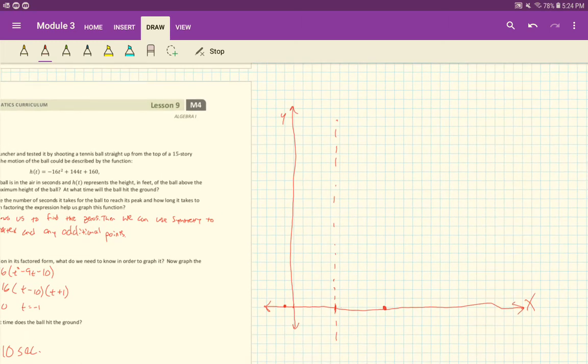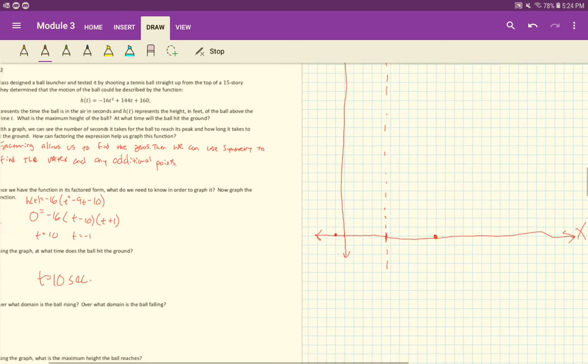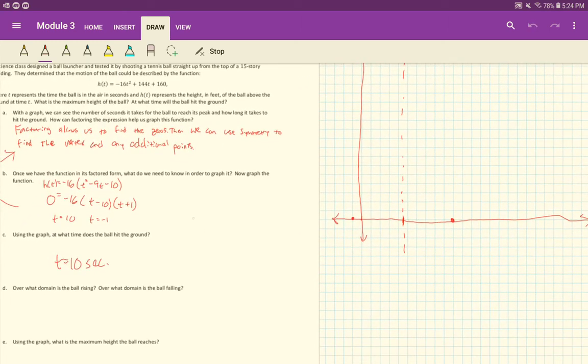If we have to go up to 160, and even more so, maybe we should go ahead and find the vertex too. So let's plug in 5.5 for t. Or not 5.5, sorry, it's actually 4.5. It was 5.5 units away, but that gives us an x-coordinate of 4.5.